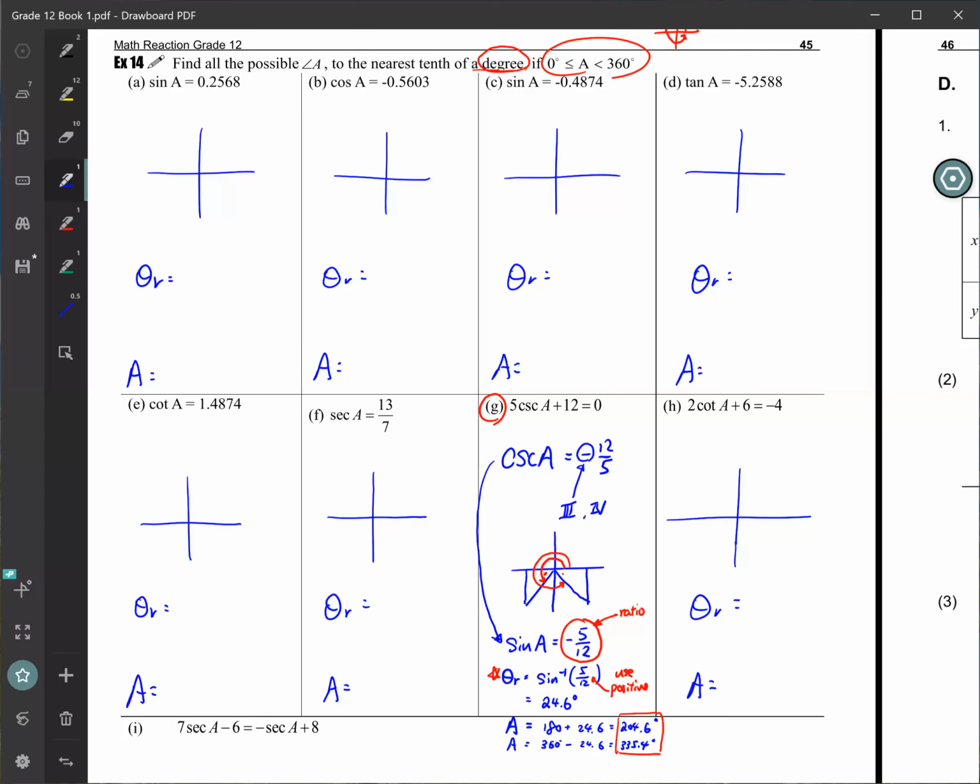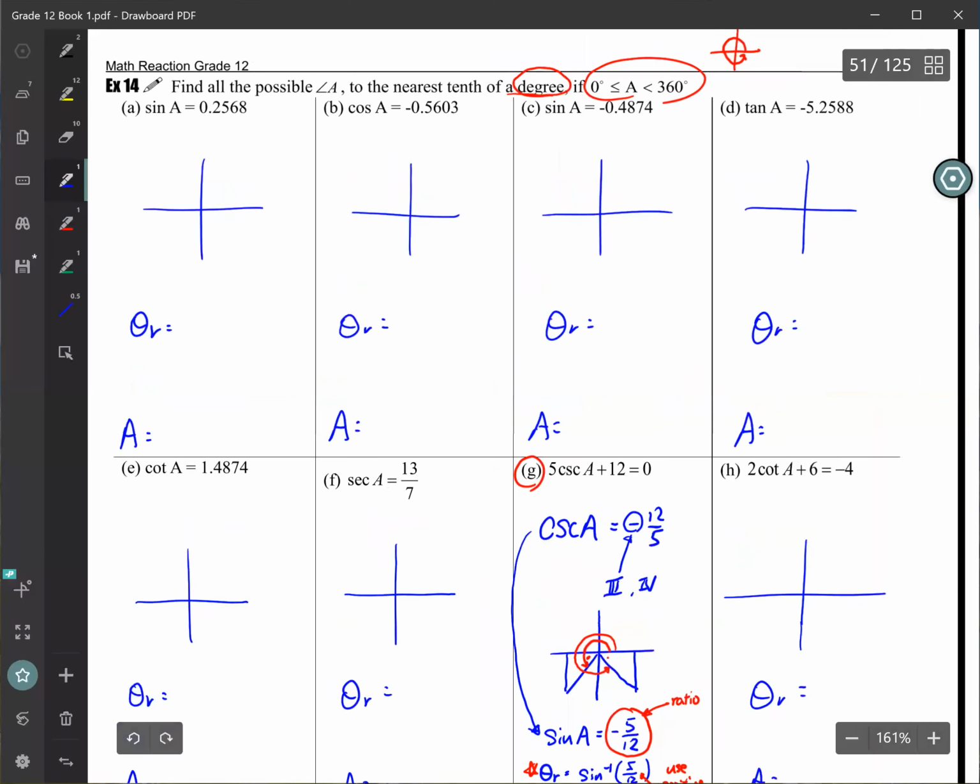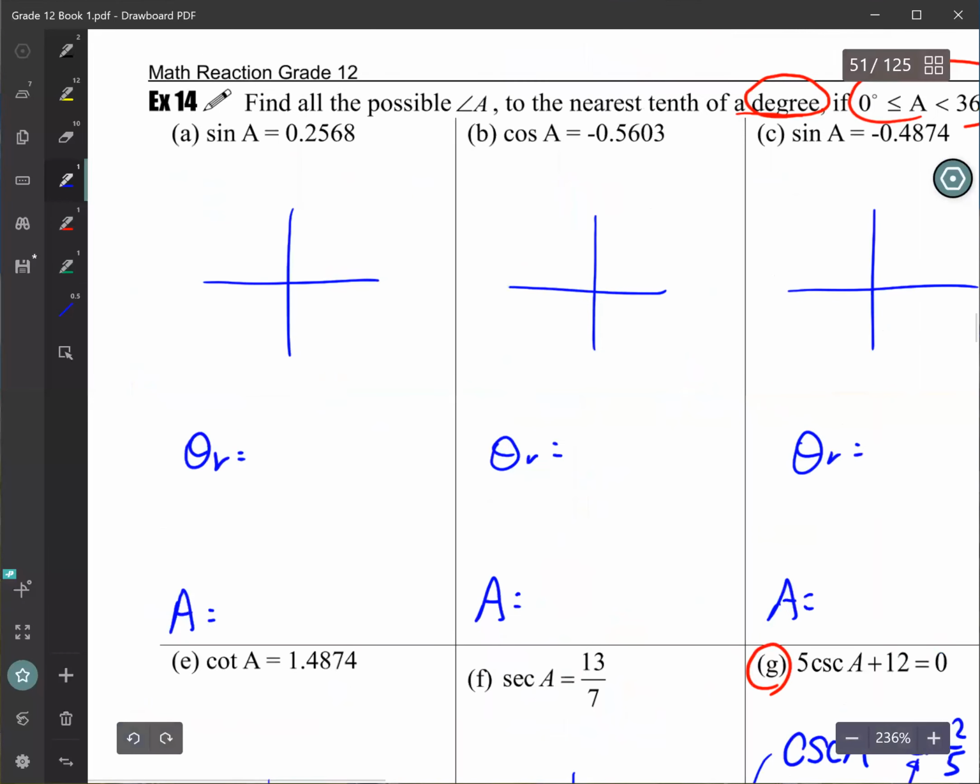Okay, let's go over the first four. You guys can keep on doing what you're doing, and then you can look back and check your answers. So, Ray, for question A, which quadrant? 1 and 2. Okay. And then reference angle, sine inverse of 0.2568.